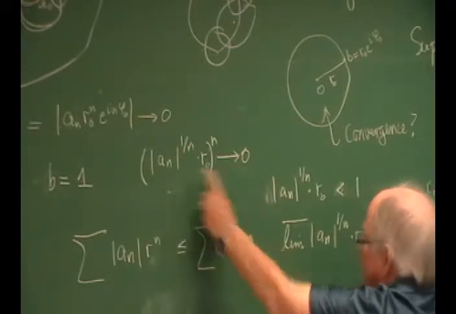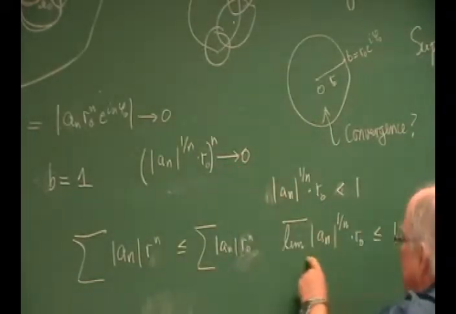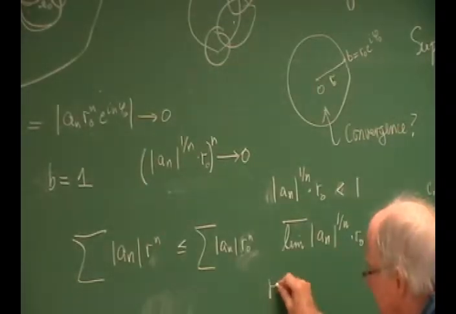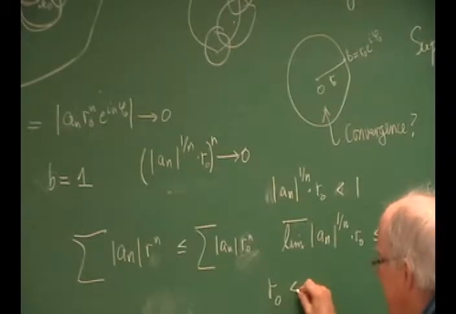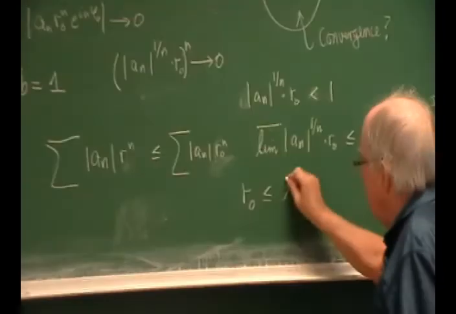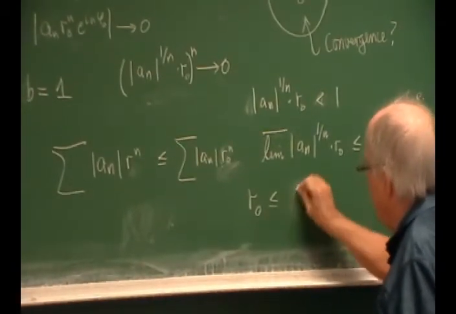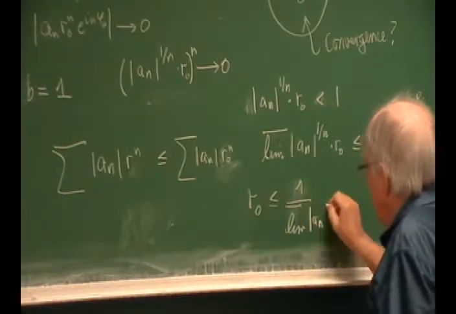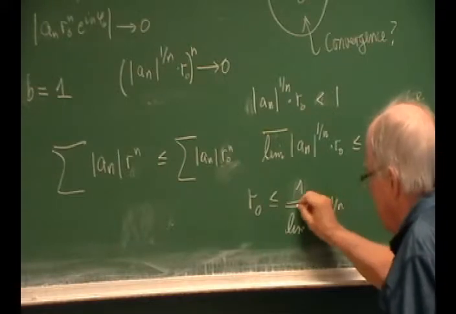Because I can pick out a subsequence here where they're all bigger. Okay, now you've got it, right? And so that says that r is less than or equal to 1 over the lim sup of the absolute value of A_n to the 1 over n.